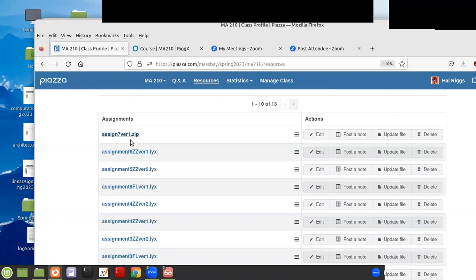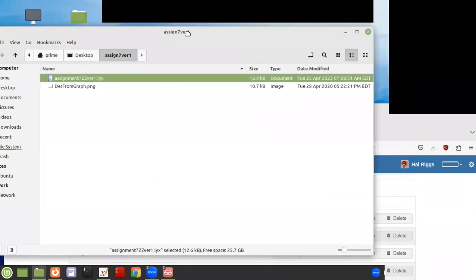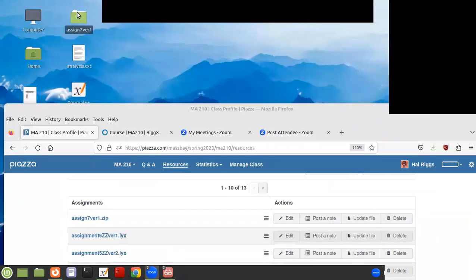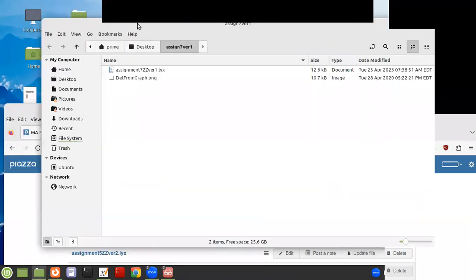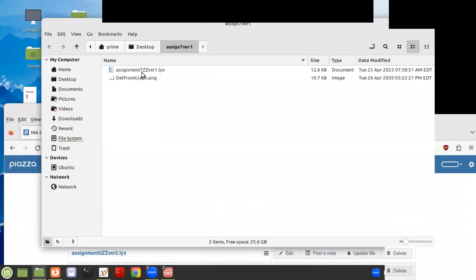Now you can see it's a zip file because it has 2 items in it instead of just the LIX file. When you download it, it's a zip file, so you extract it and you get a folder, and it has in it the LIX file and a picture, a photo, a diagram.